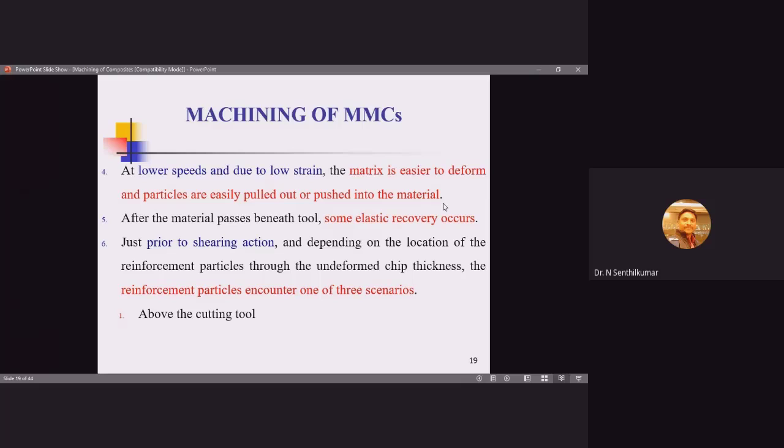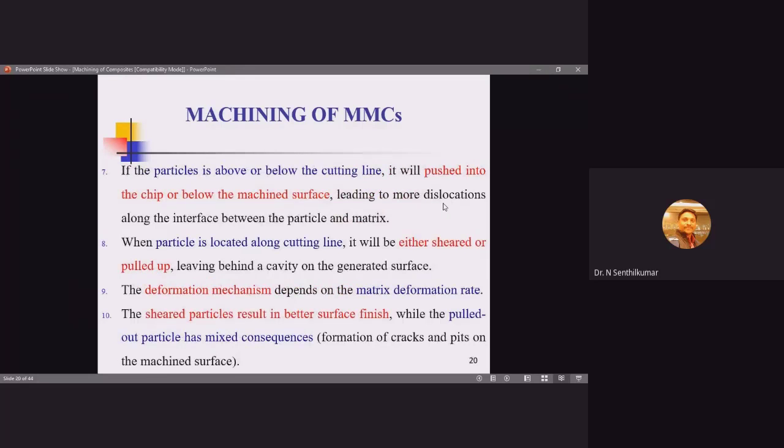One, the reinforcement particles are above the cutting tool. Two, below the cutting tool. Third, along the cutting line. So three scenarios are there: one is above the cutting tool, second below the cutting tool, and third along the line of cutting action. Right?